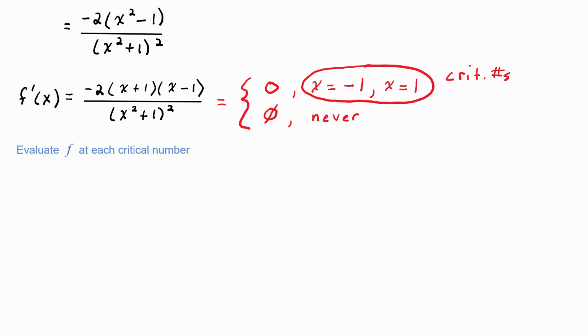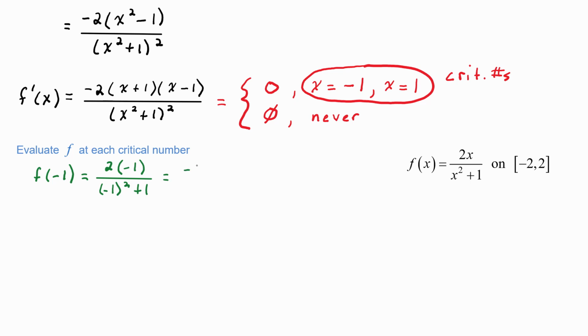Step 2 says to evaluate f at each critical number. So we have to find f of -1. Remember, we are plugging into the function, not the derivative. So that's going to be 2 times -1 over -1 squared plus 1.